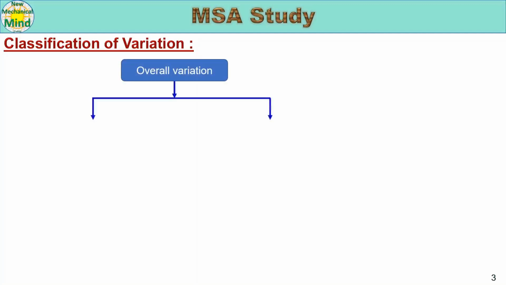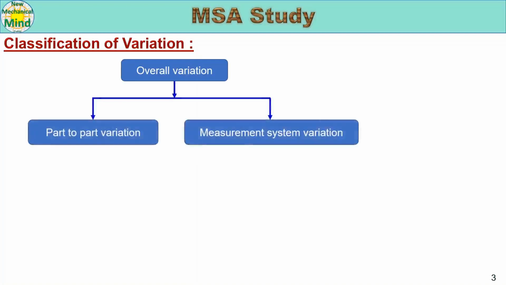First, classification of variation. Now we are going to see what the classifications in variation are. First, overall variation. Overall variation includes part-to-part variation and measurement system variation. Part-to-part variation we cannot eliminate. It will come in all the parts.